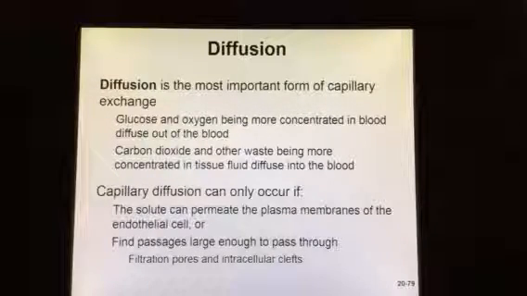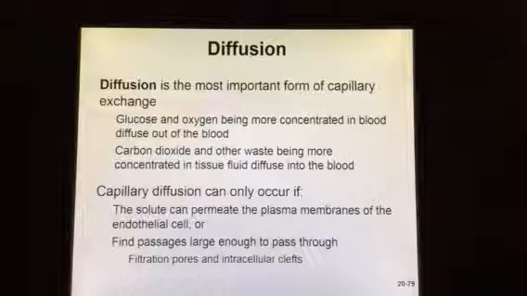So diffusion is the most important form of capillary exchange. It is, I would say, the easiest way that molecules can diffuse or go into the tissues from the capillaries and vice versa. So just to recap, diffusion is a movement from an area of high concentration to a low concentration, and it can move across the cell membrane without any energy being needed.